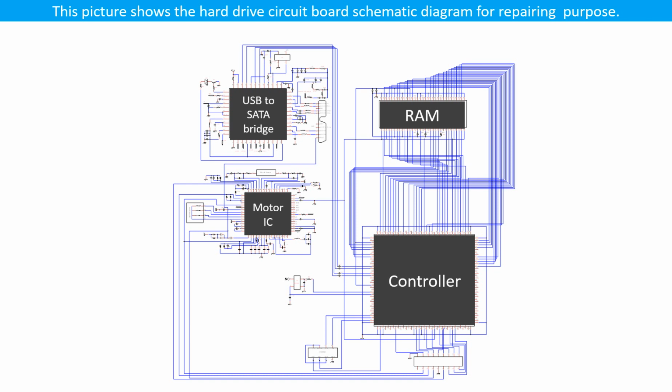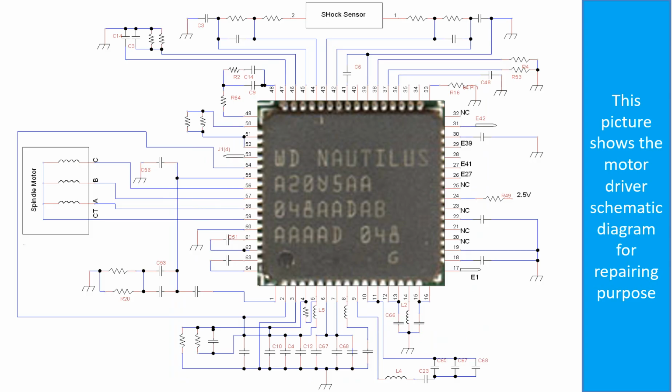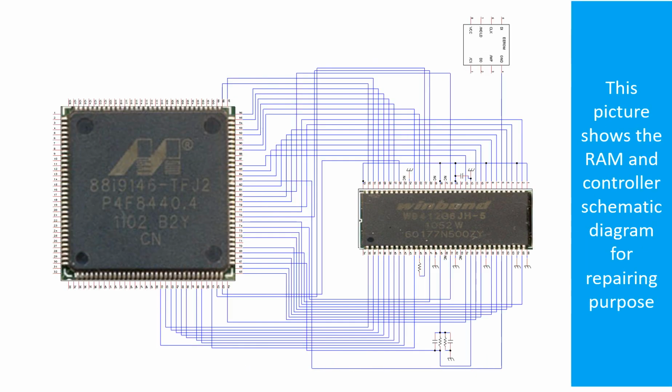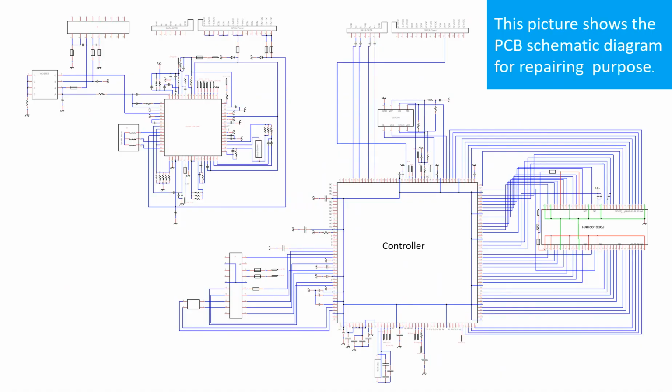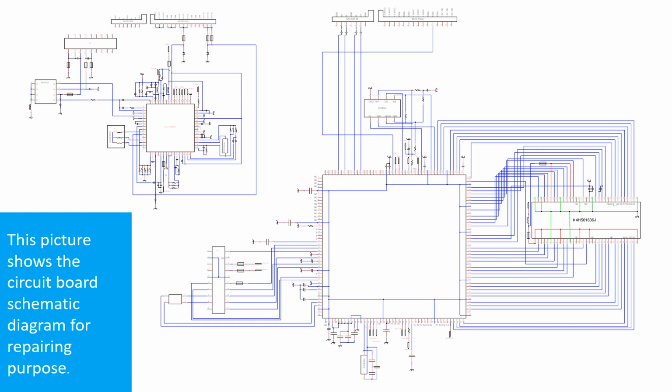This picture shows the hard drive circuit board schematic diagram for repairing purposes. This picture shows the PCB board schematic diagram for repairing purposes. This picture shows the circuit board schematic diagram for repairing purposes.